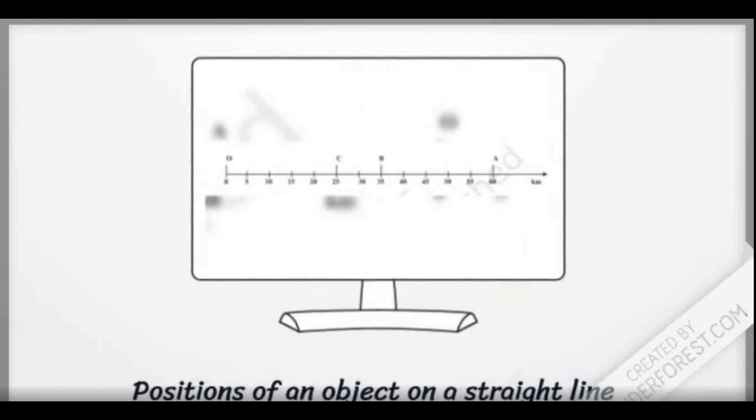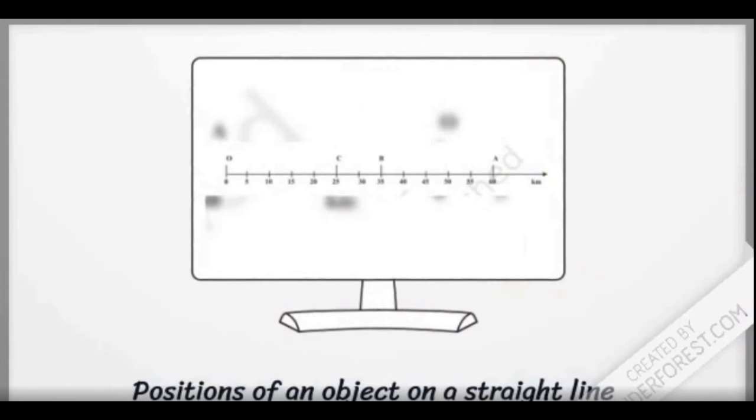At first, the object moves through C and B and reaches A. Then it moves back along the same path and reaches C through B. The total path length covered by the object is OA plus AC, that is 60 kilometers plus 35 kilometers. Can you say it? Yeah, it's 95 kilometers. This is the distance covered by the object.